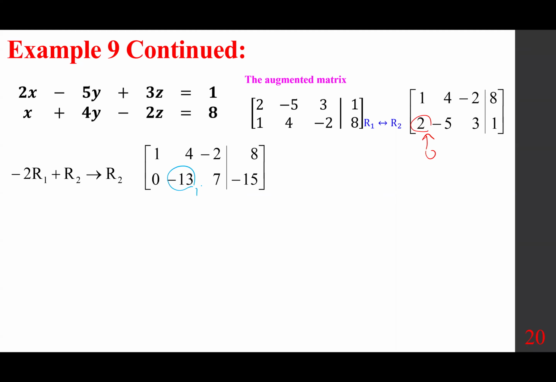So how do we change this to 1? Just divide every entry of the second row by negative 13. So minus 1 over 13, R2 goes to R2. Just divide everything by negative 13. And you got the one that you want.